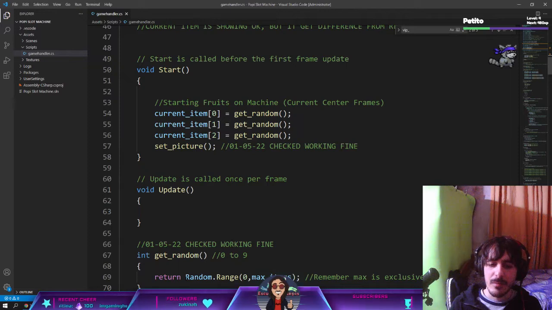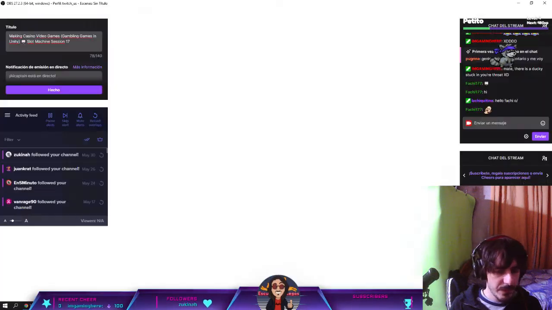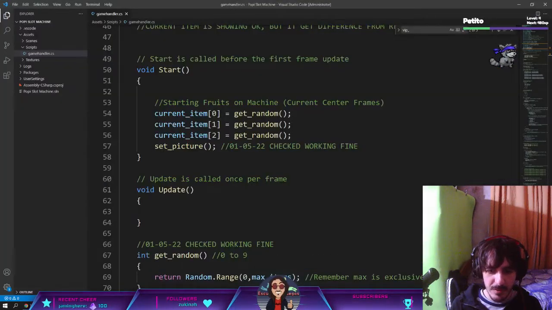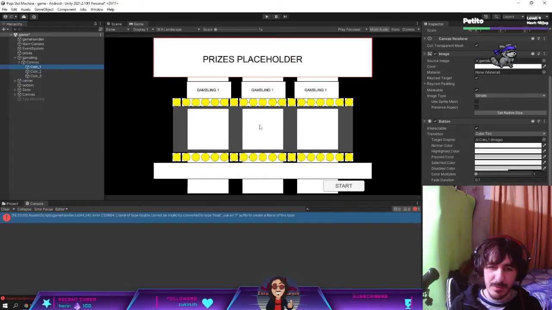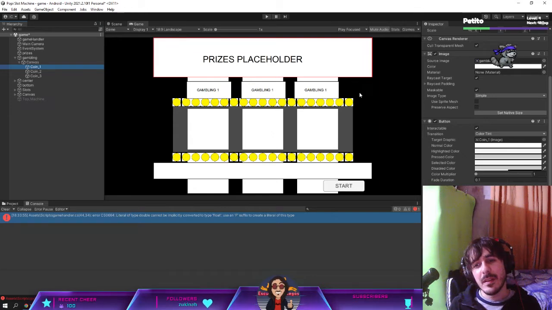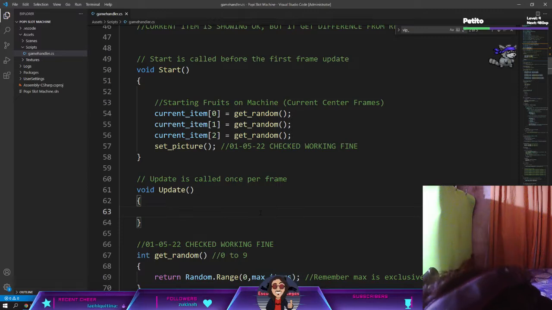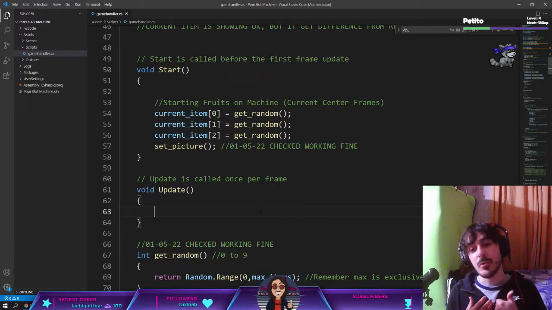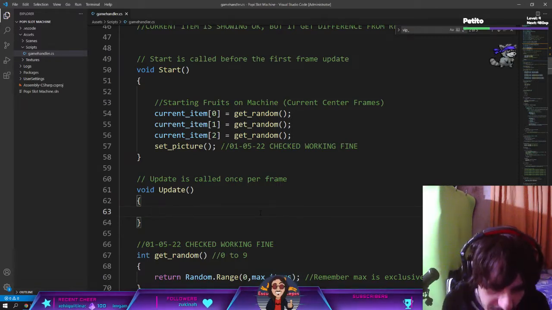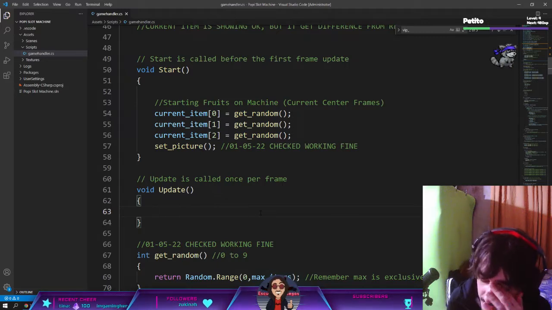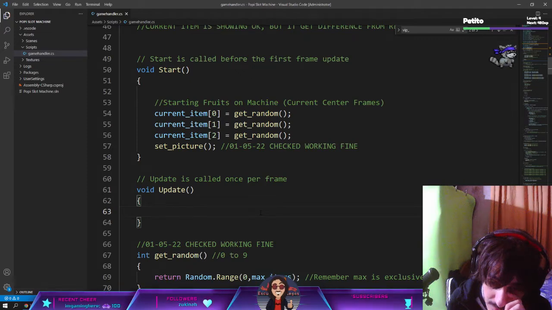I don't know how we are going to do that, because we don't have any button to do this. Maybe, yeah, I will create a start amount of money, and then if you restart the game, you will get again the initial amount of money.